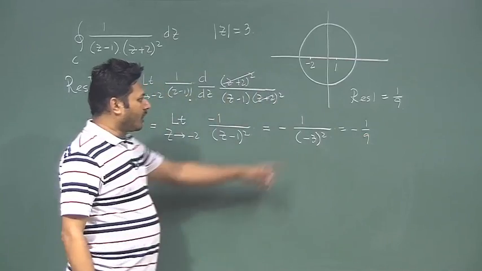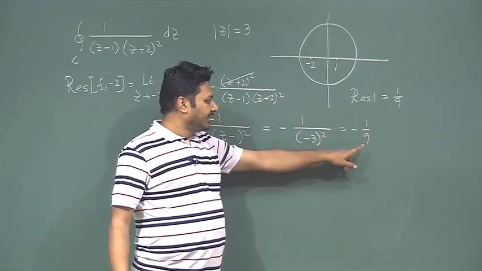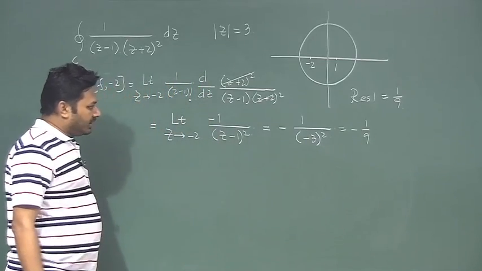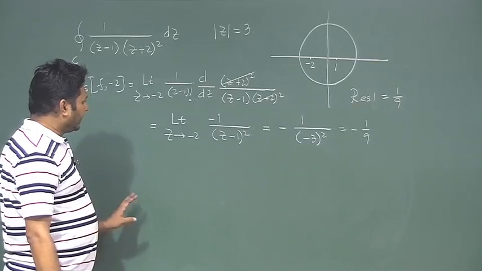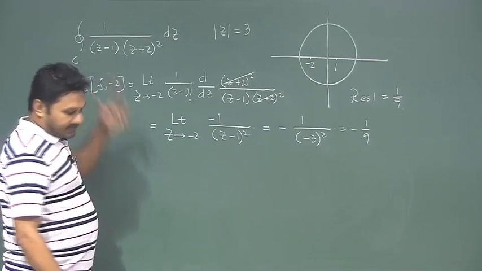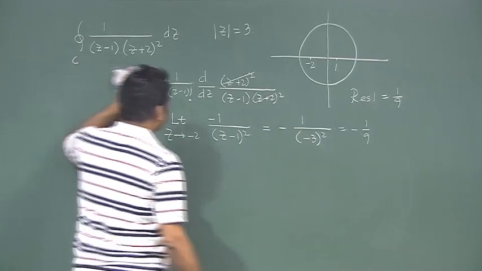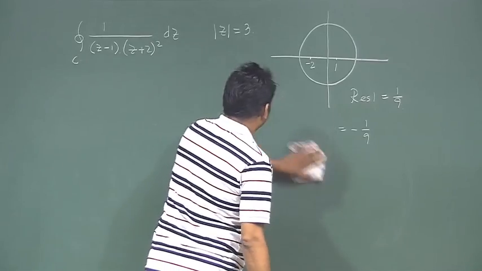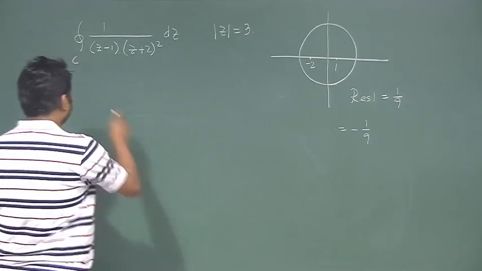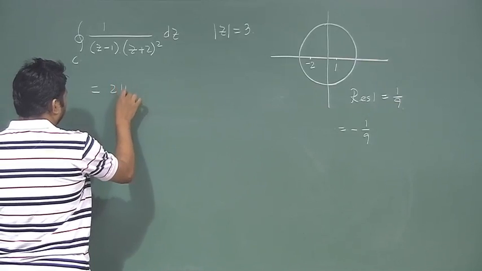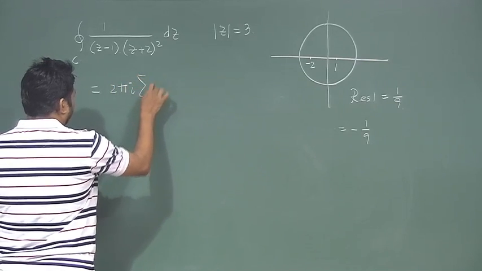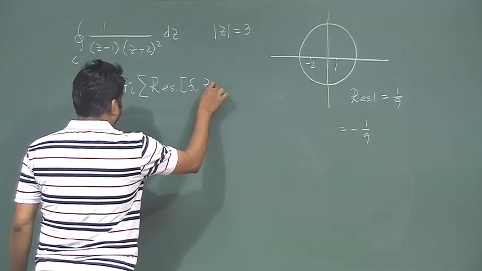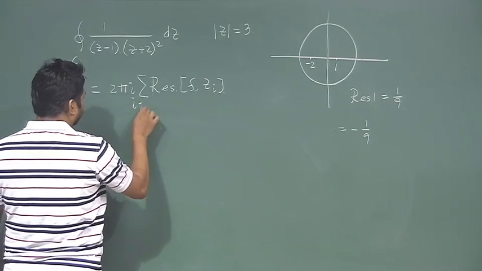So, it is minus 1 by 9. The same value I got for residue 1 was 1 by 9; in this case, however, it is minus 1 by 9. Obviously, I am not making any mistake. In this case the integration is going to vanish, because the residues of the 2 points are exactly same and opposite. So, the value of this integration is 2 pi i times the sum over residues, i from 1 to 2.